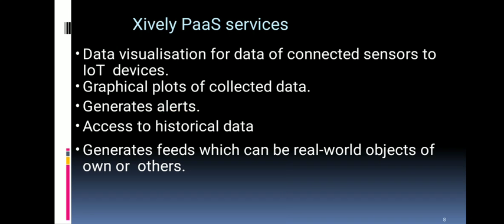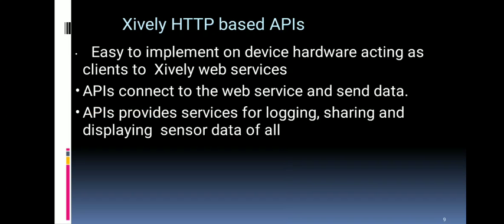Here, coming to Xively PaaS services, the main one is data visualization and representing the data in the form of graphical plots, generation of alerts, accessing the historical data, and generation of feeds, that means the real world feeds or the feeds of other persons.